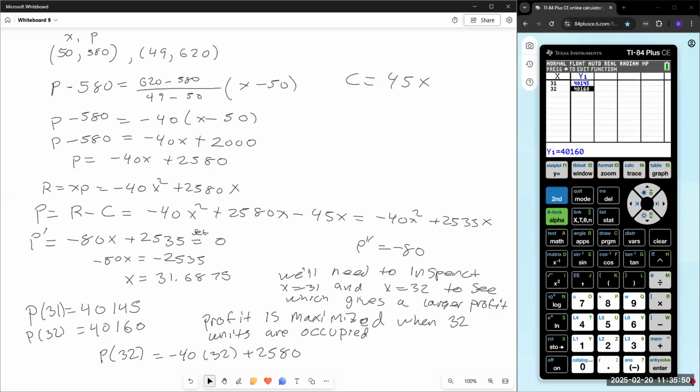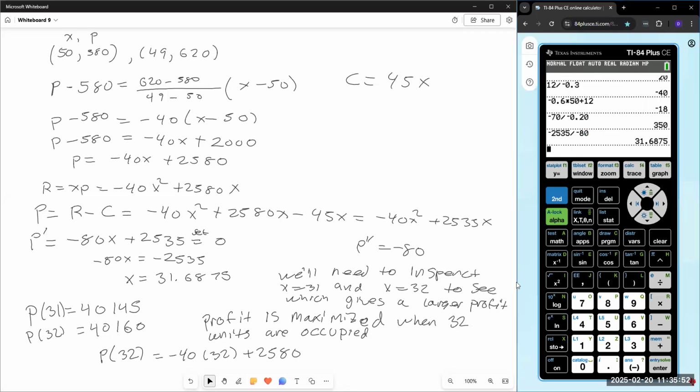And I'll do that in my calculator. Negative 40 times 32 plus 2580 is, I should set my rent to be $1,300 a month. That was number 20.